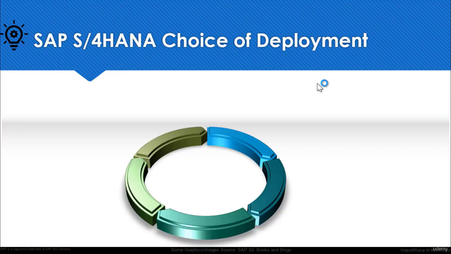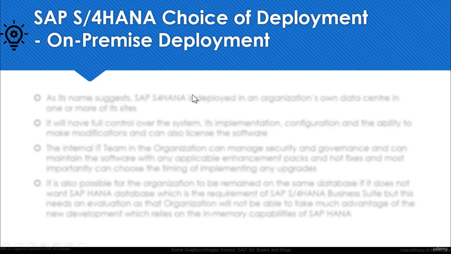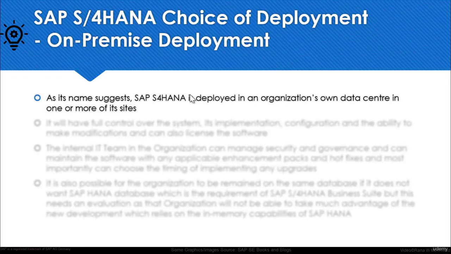So as I explained in the previous slide, there are three choices of deployment, and they are on-premise deployment, cloud deployment, and hybrid deployment. What is on-premise deployment? As its name suggests, SAP S4HANA is deployed in an organization's own data center in one or more of its sites.